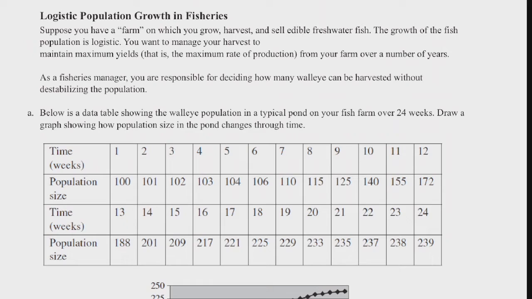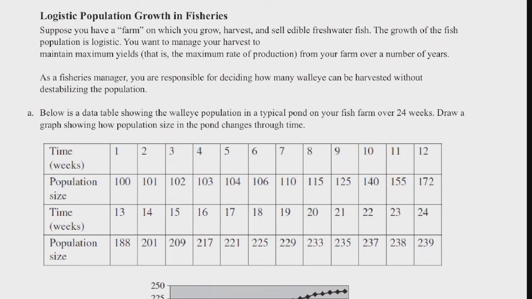As a fisheries manager, you are responsible for deciding how many walleye can be harvested without destabilizing the population. Below is a data table showing the walleye population in a typical pond on your fish farm over 24 weeks. Draw a graph showing how population size in the pond changes over time.